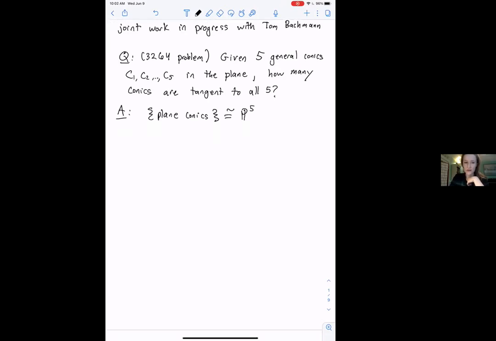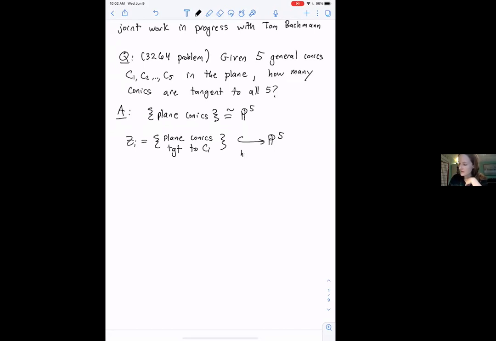And if you look at all the plane conics tangent to a single conic, classically one can figure out what's called Z_i, inside all the plane conics, those plane conics which are tangent to C_i in P5.